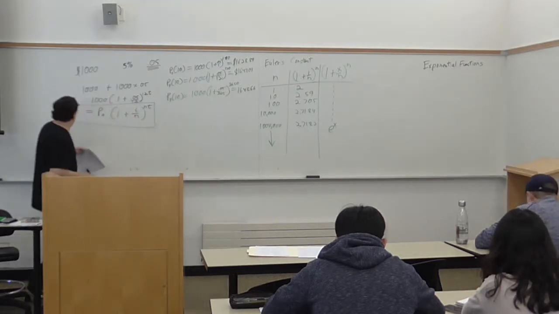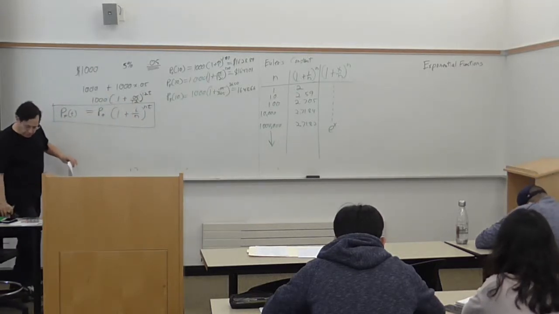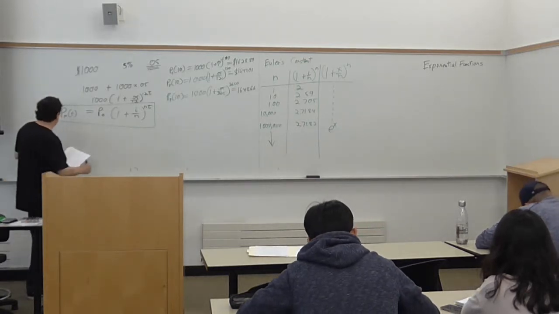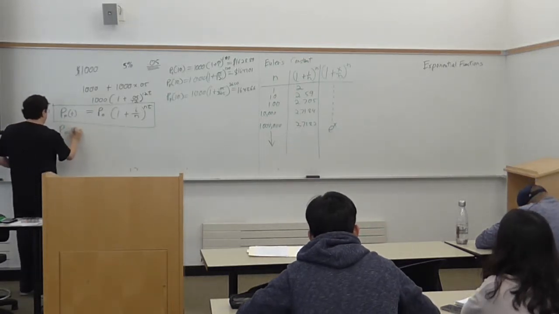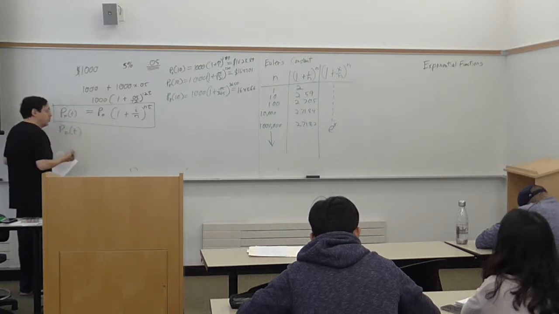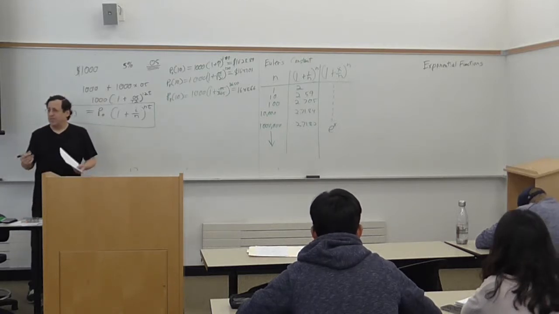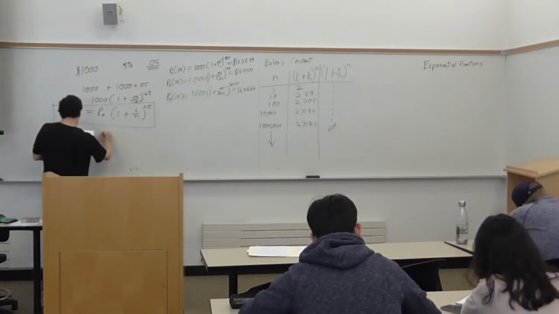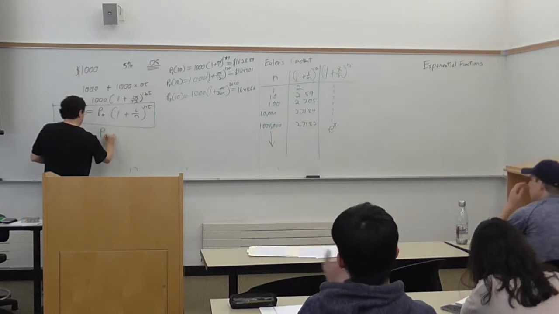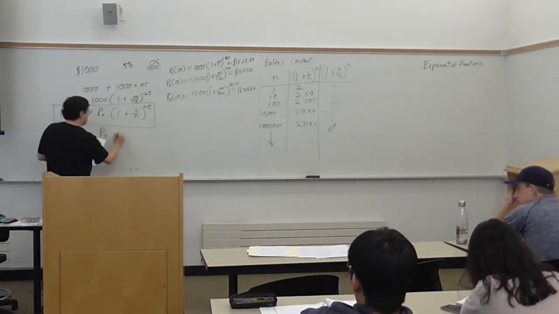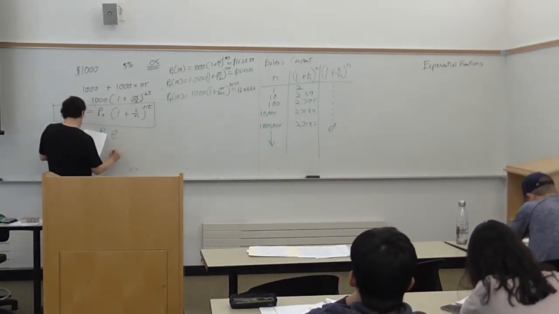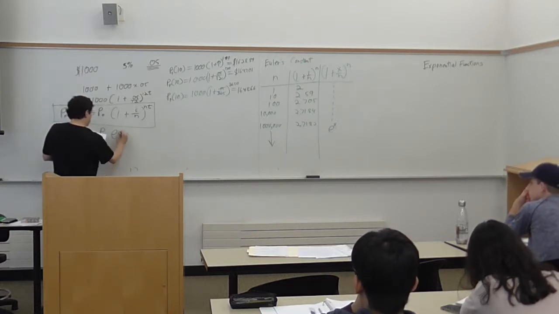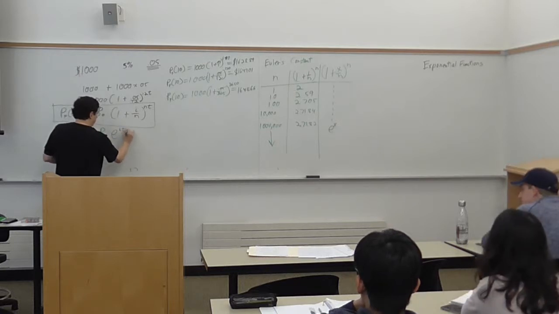Okay, so let's go back to compound interest here for a second. If I want to compound my interest now continuously, or some people will say infinitely, this just becomes my initial principal times e raised to the power of the interest rate times t.